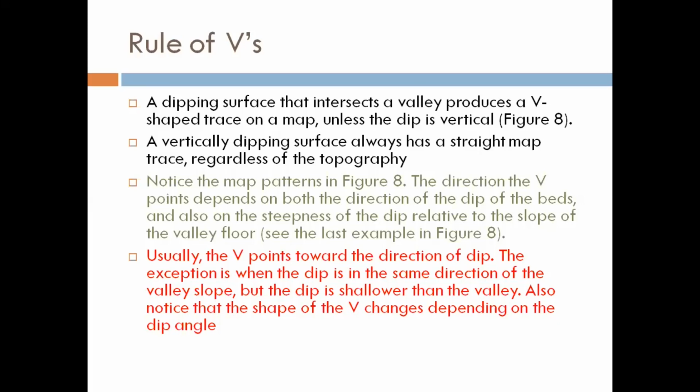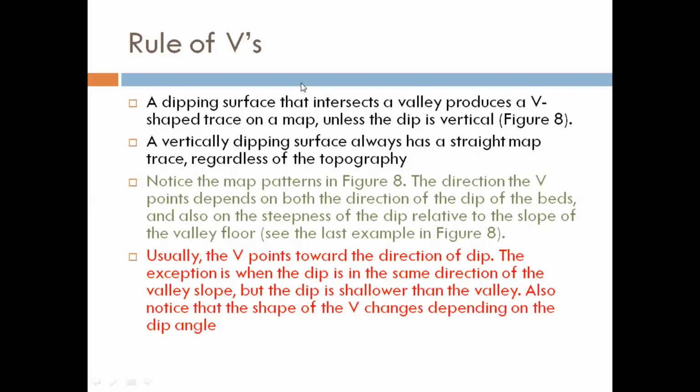So, if a geological contact is present in a valley, it will produce a V shape if it has any dip or any angle, unless it is vertical. We will see it shortly in the coming slides.